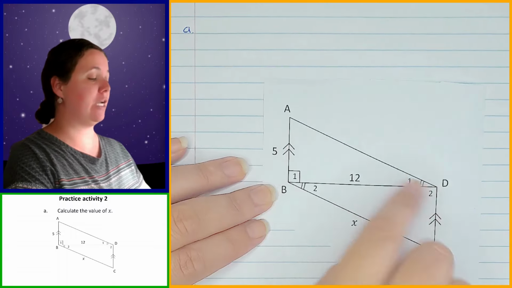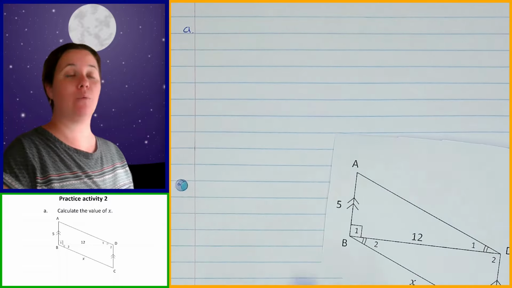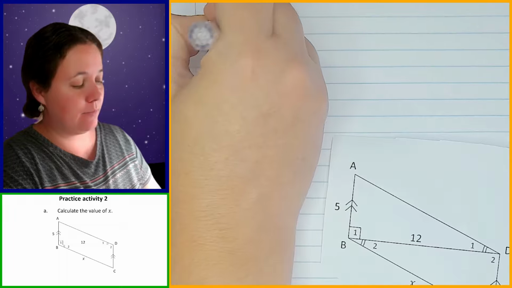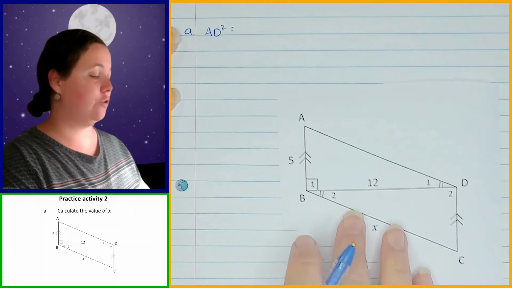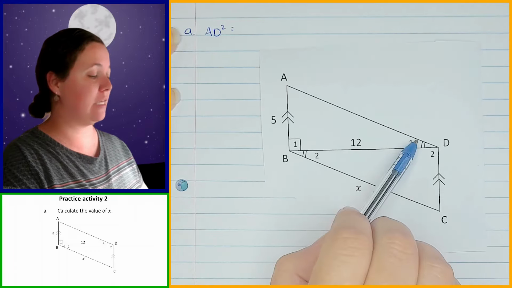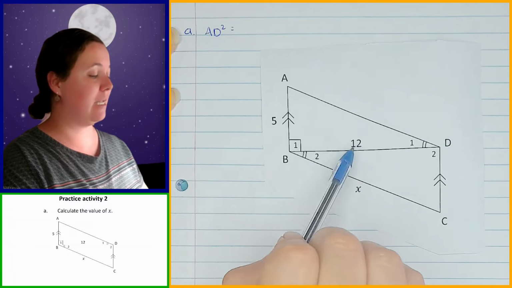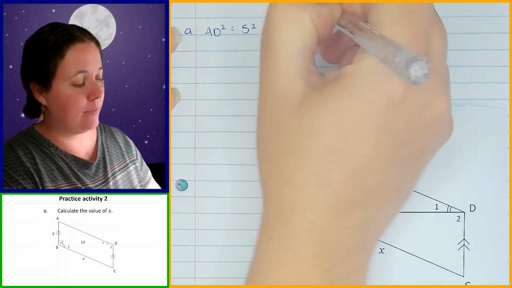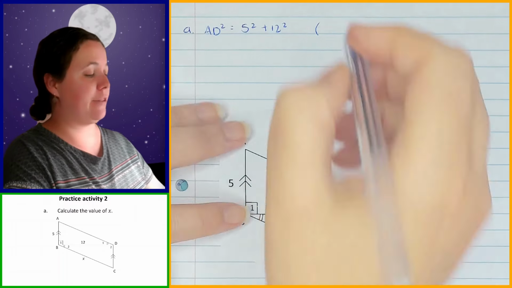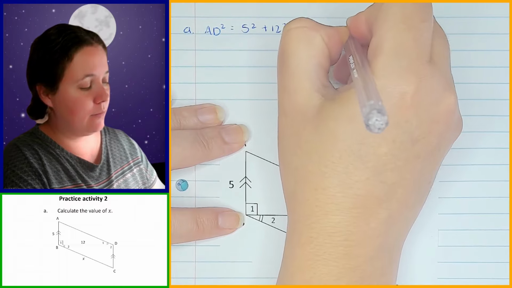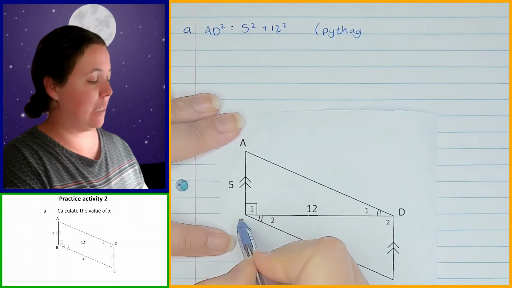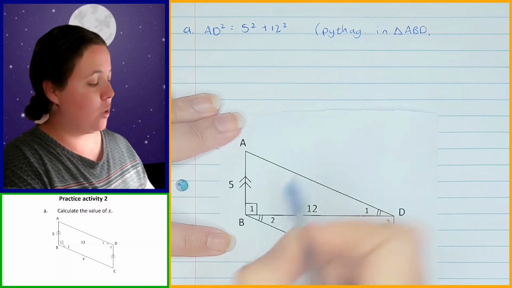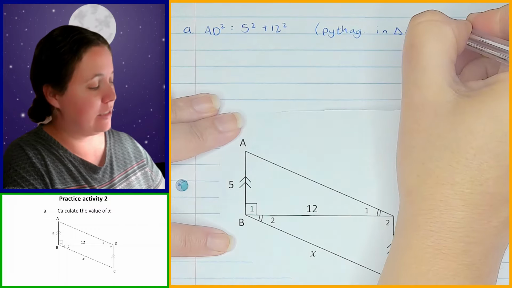So that's the first thing I'm going to do here. I'm going to start off by working out the length of AD, so I have it ready for when I want to say that x is equal to that. So I'm going to say AD squared is equal to, now AD is the hypotenuse in that triangle, so it's 5 squared plus 12 squared. And the reason I can say that is because of the Pythagorean theorem in triangle ABD with angle B1 equal to 90 degrees.